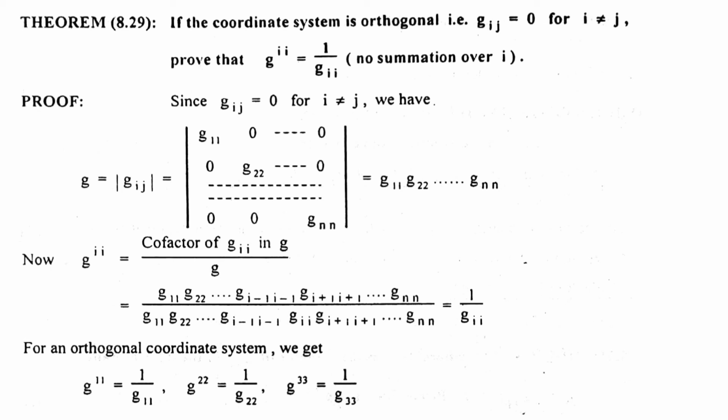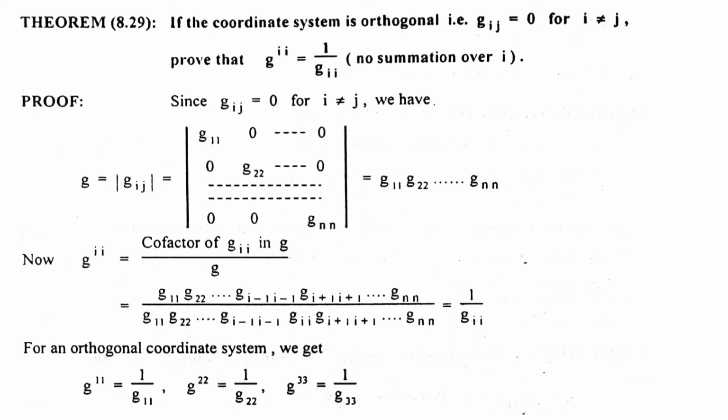Since g_ij is equal to 0 for i not equal to j, we write it in matrix form. First we write the first row as g11, g12, g13, g14 up to g1n. Similarly in the second row we write g21, g22, g23, g24 up to g2n.